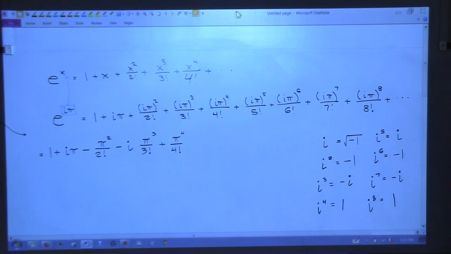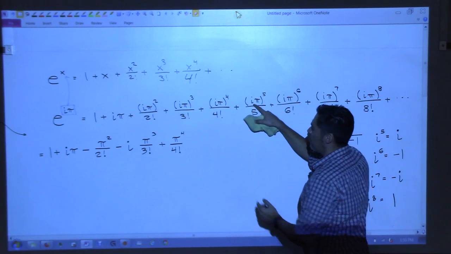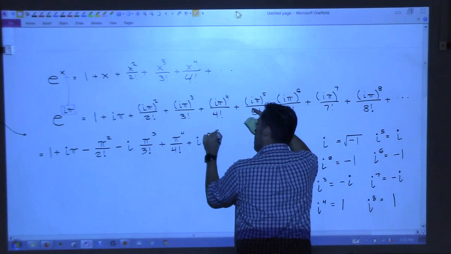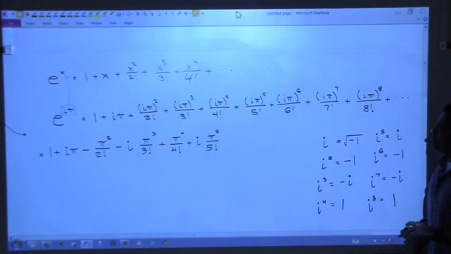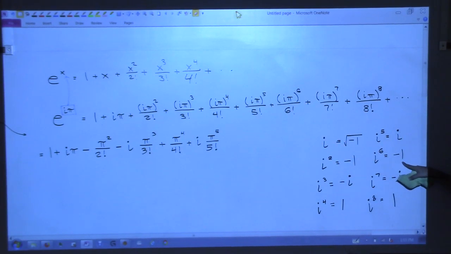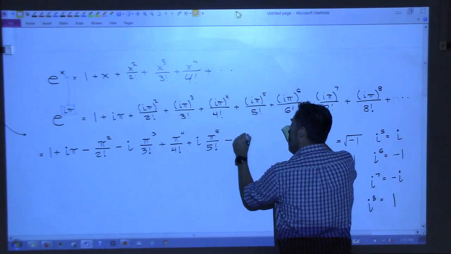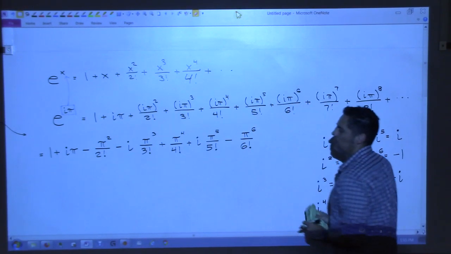All right, back to i to the 5th now. i to the 5th is i basically, right? So I can replace that i to the 5th with i. So I'm going to put it out in front, i, then pi to the 5th over 5 factorial. i to the 6th, -1. So I'm going to put negative pi to the 6th over 6 factorial.